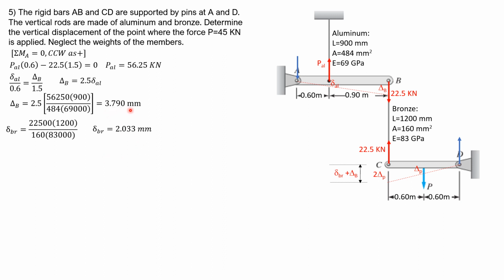Then we add 3.79 and 2.033, then equate it to 2 times delta P. Then from there, we can compute the deflection under the load P. So delta P is equal to 2.912 mm, and that is downward in the figure. So that's it for this problem.